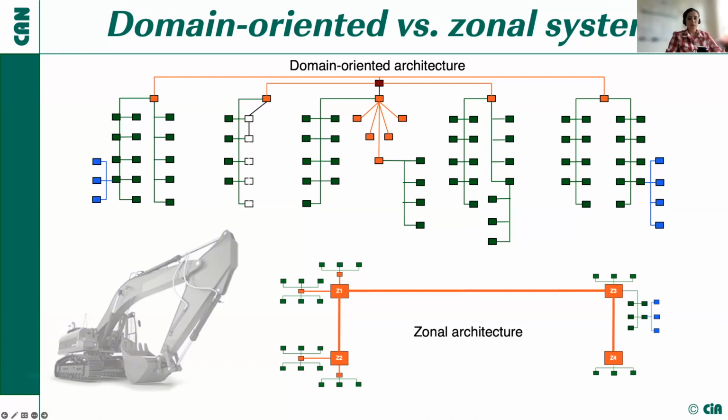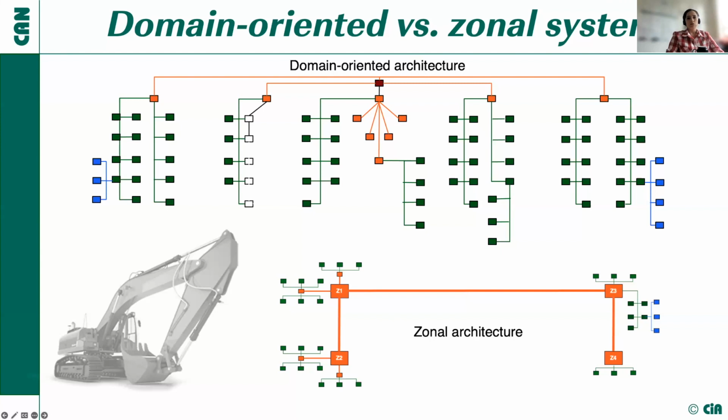It was a good idea because you could structure the system by function, but unfortunately these networks have different components of different domains, which are located in different parts of a car. It means there was a lot of necessary cabling with an increasing number of ECUs.